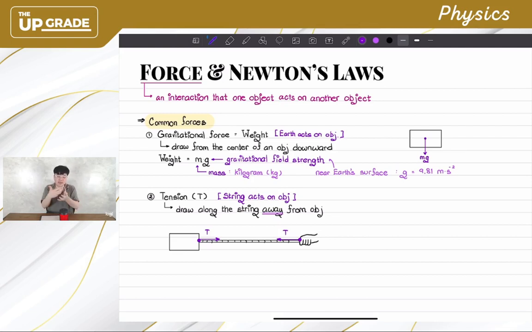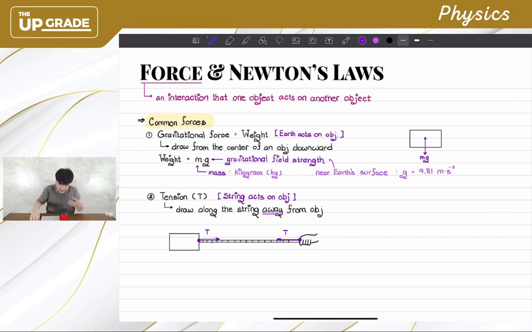Just imagine, let's say the box is a really heavy box. When you try to pull it, the string is trying to pull your hand backward. That's the tension that acts on your hand. And if you pull really hard, it's going to make your hand hurt because the tension will be pulling your hand really hard.